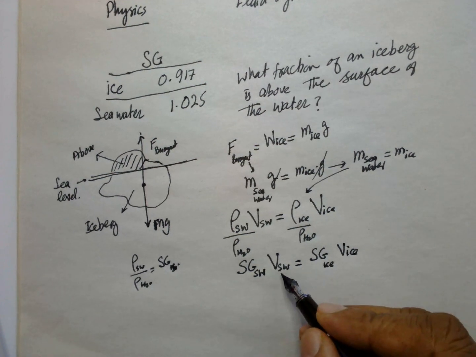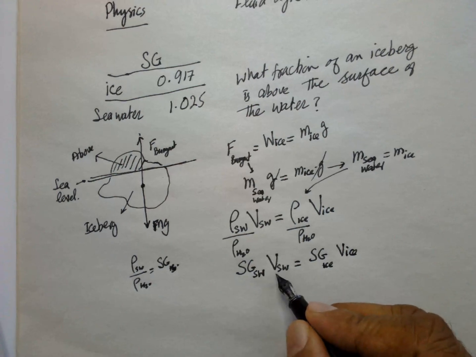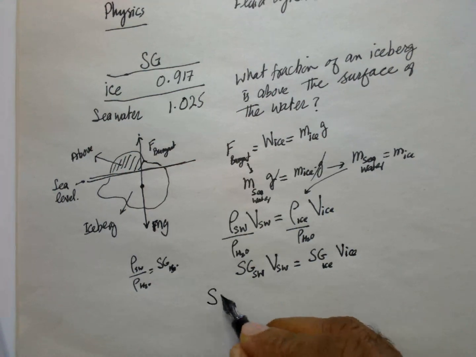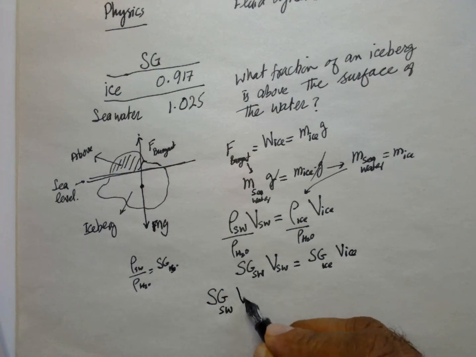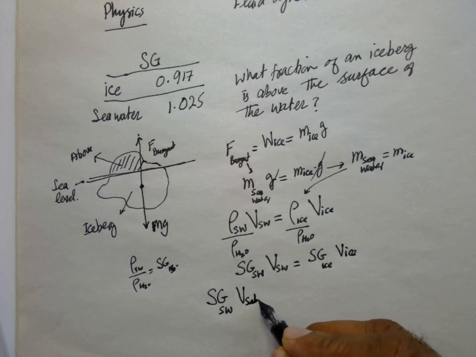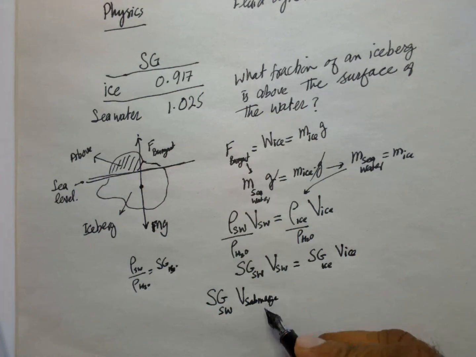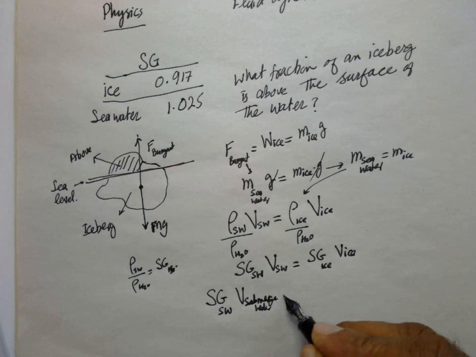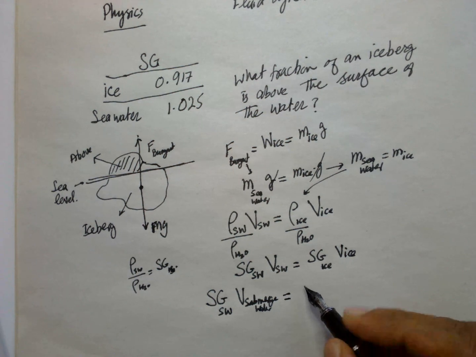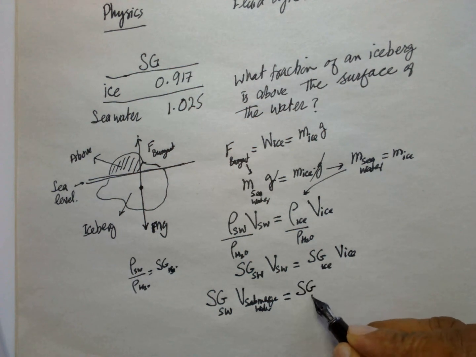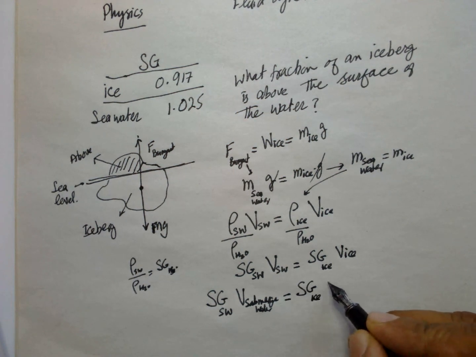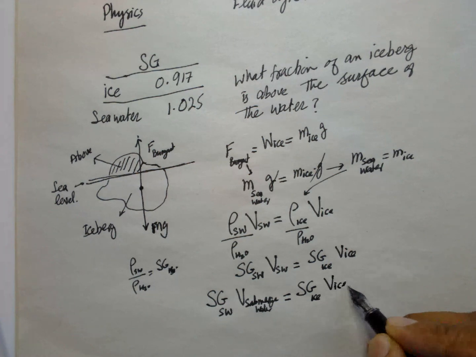So this one is the submerged one. So specific gravity of seawater into the volume of submerged water is equal to the specific gravity of ice into volume of the ice.